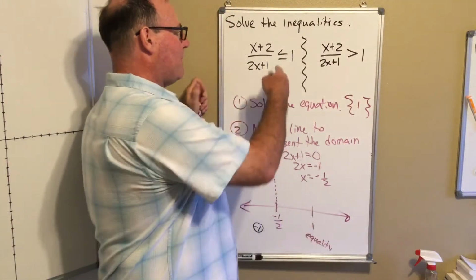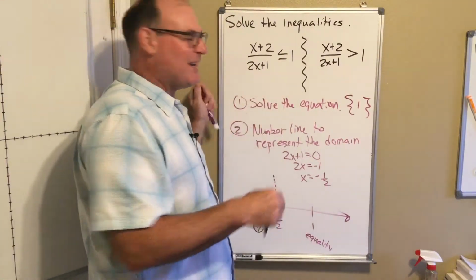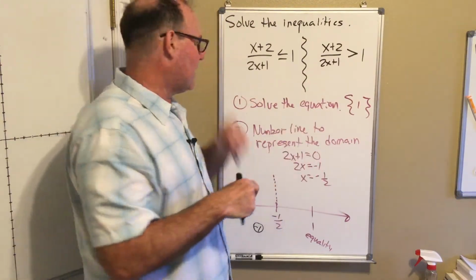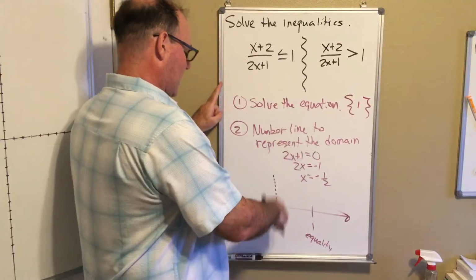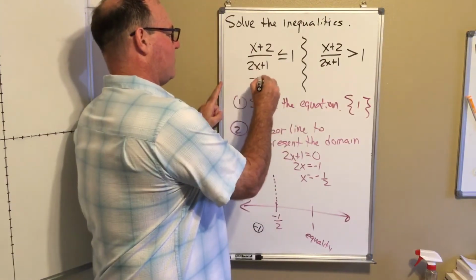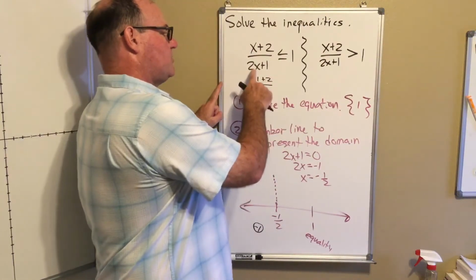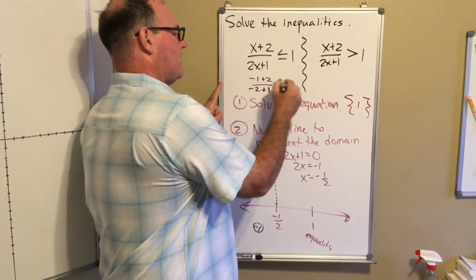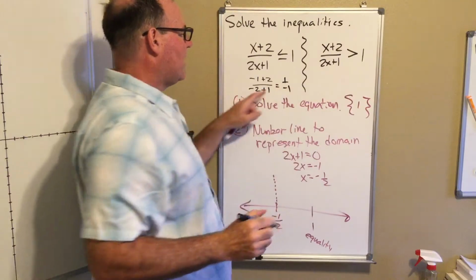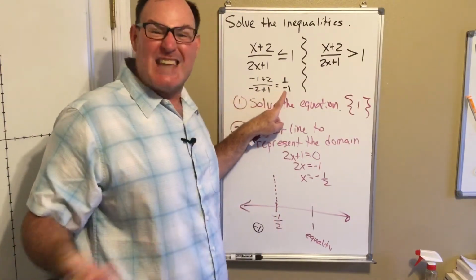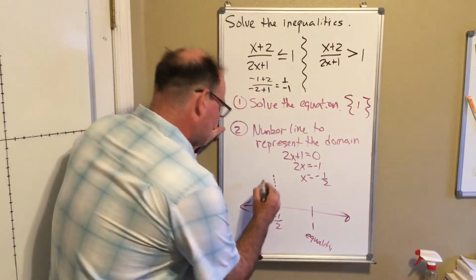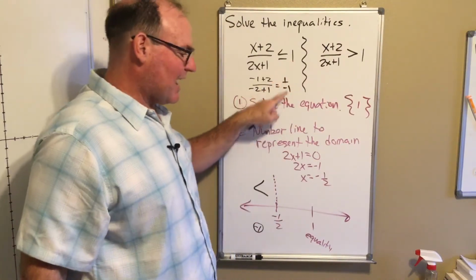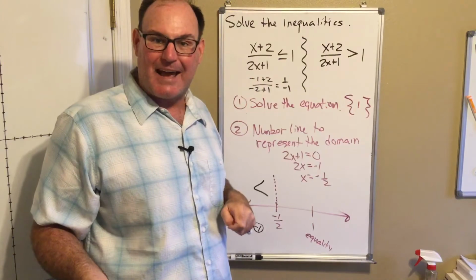When I put negative 1 in, I've got negative 1 plus 2 in the top. 2 times negative 1 is negative 2 plus 1 in the bottom. So that is 1 over negative 1, that's negative 1, that is less than 1. Okay, we're comparing to positive 1. I got a negative 1, so we've got less than.